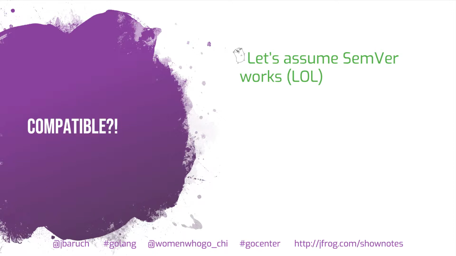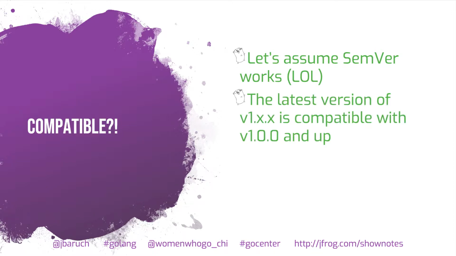Let's pretend that semantic versioning works as intended, and that means that the latest compatible version of 1.x is compatible to 1.0 and up to this version. So now I release a version 1.5.3. It means that it is backwards compatible with every released version from here back to 1.0.